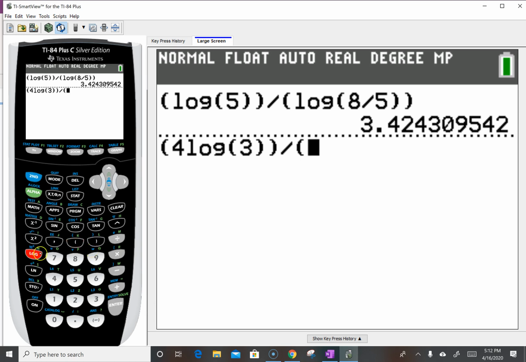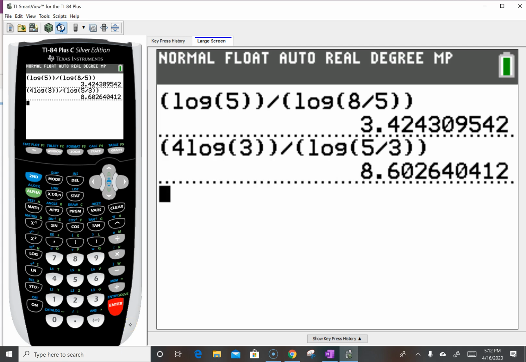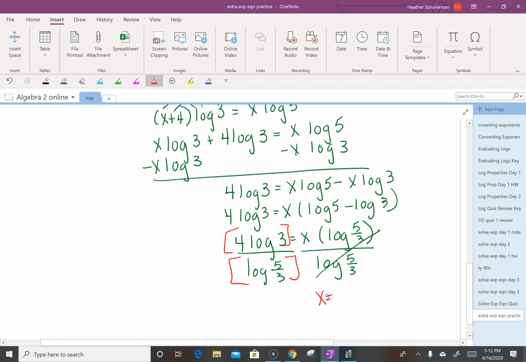On the bottom, we have the log of 5/3. Close the parentheses for the log, close the parentheses for the denominator. Hit enter, and we get 8.603. I hope that helps.